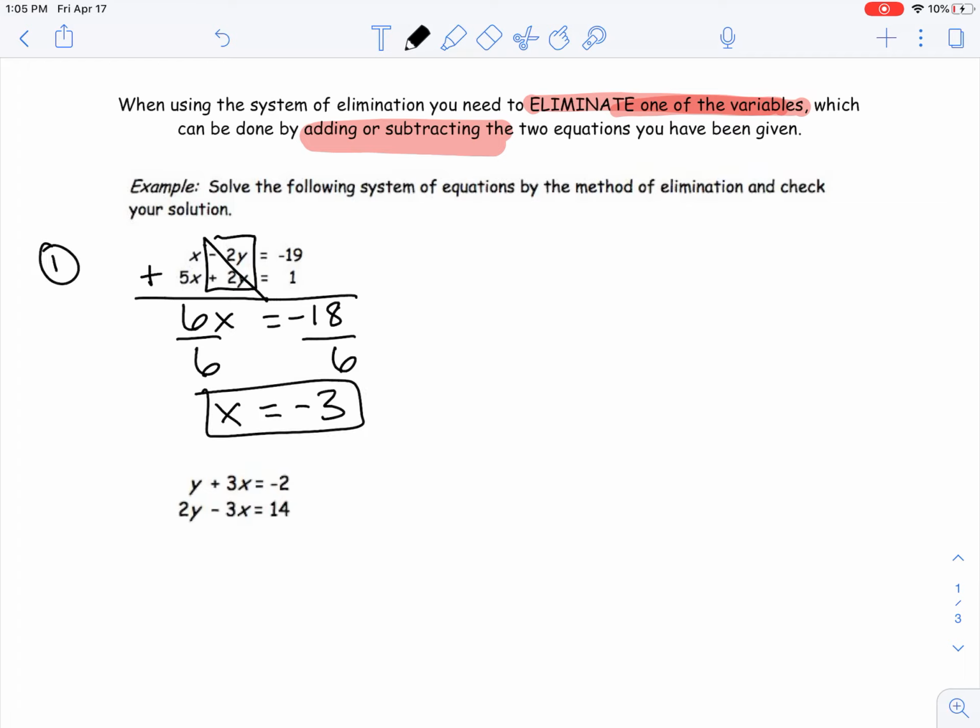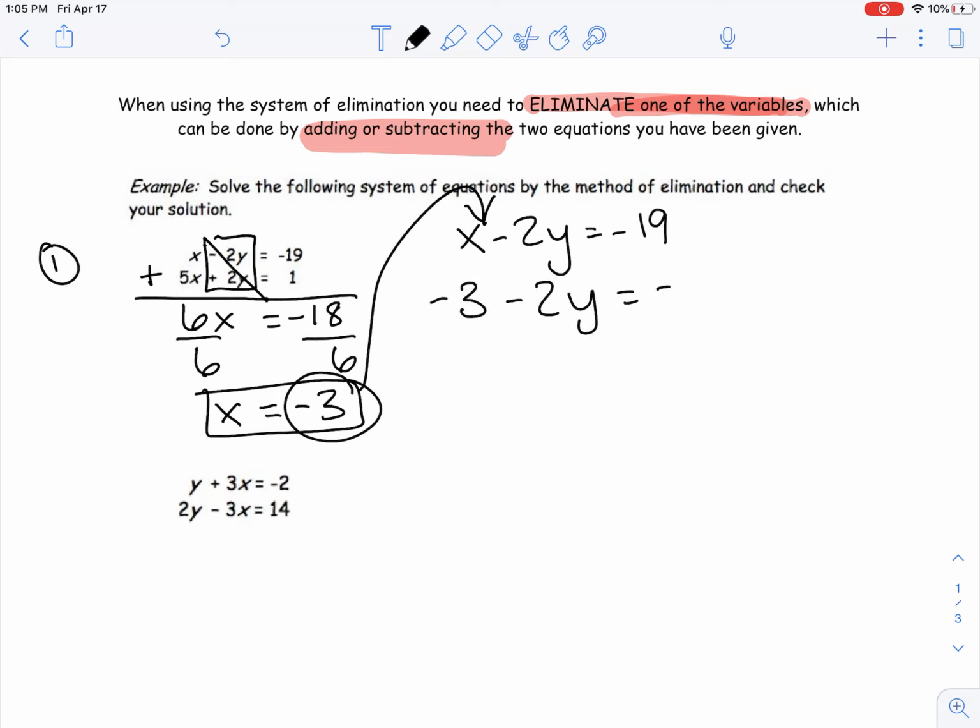But if you remember when we were talking about graphing, we wanted to find a coordinate pair where the two things would cross. So now we need to take one of our original equations, which I'm just going to take the first one, x minus 2y equals negative 19, and solve for y by substituting negative 3 in for x. So negative 3 minus 2y equals negative 19.